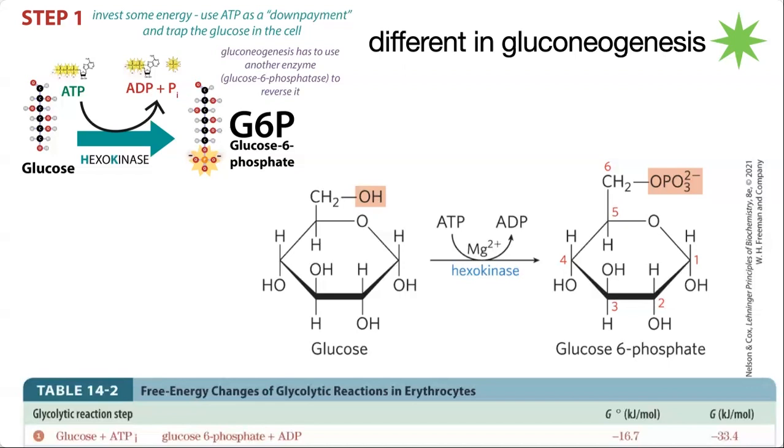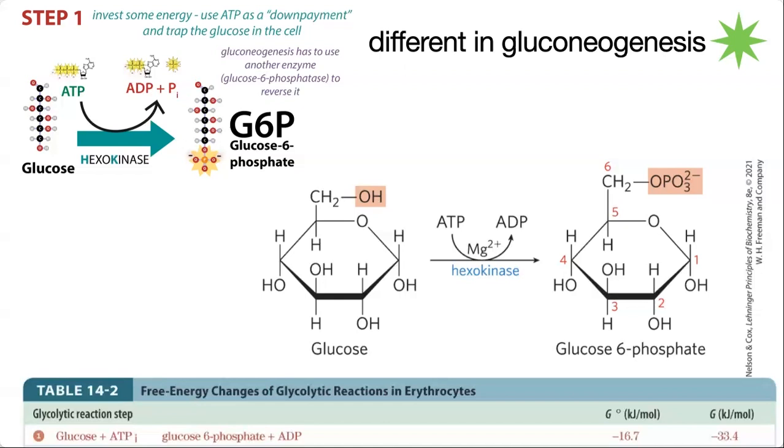It's going to use water to break it off. Instead of trying to put a phosphate group back onto ADP from the glucose 6-phosphate, it's just going to cut that phosphate off. This is glucose 6-phosphatase, and it's in a special place in our liver, so that it's not going to let the glucose out if you don't want it to. So that's going to be highly regulated.